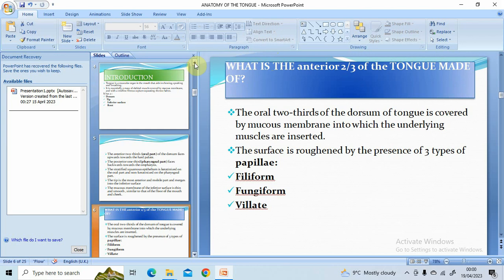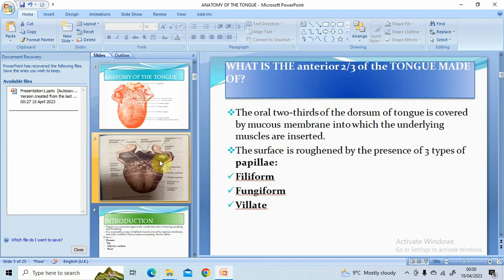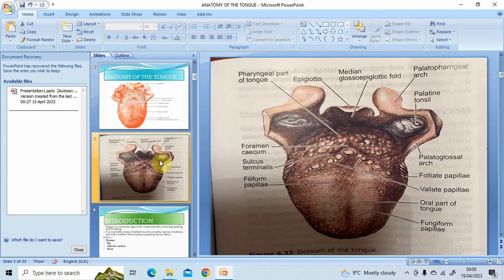I'm going to bring out the diagram of the tongue to explain this. These papillae are rich in taste buds, because the surface of the tongue is well innervated. You can look at the diagrams: the filiform, the vallate, and the fungiform papillae. Okay, I'll be defining the filiform papilla.